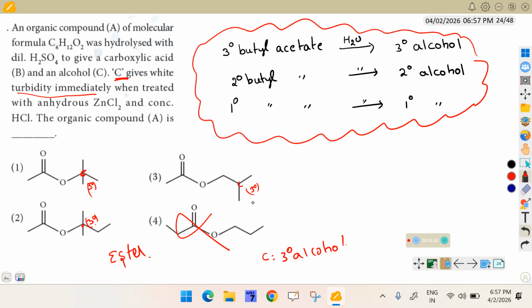This is not butyl. A 3-degree carbon atom is present, but this is not 3-degree butyl. Now, this is 3-degree butyl. This is also 3-degree butyl. The compound contains 6 carbons: 1, 2, 3, 4, 5, 6, 7. So remove the second option also. So the correct answer is the first option.